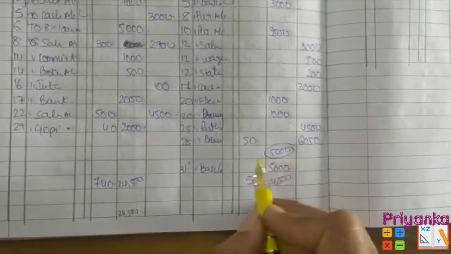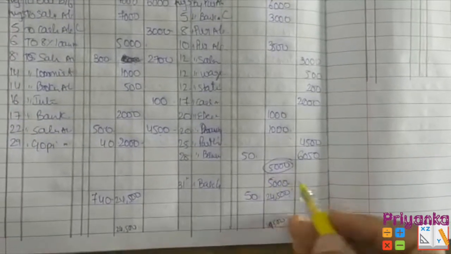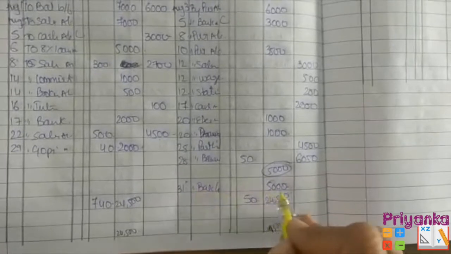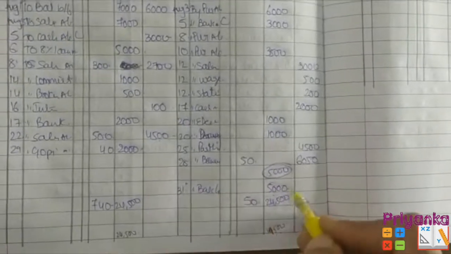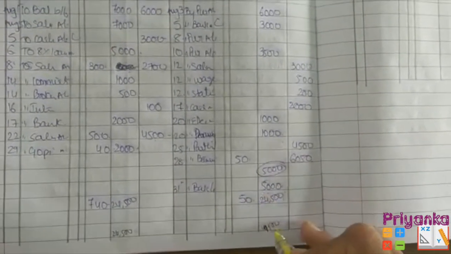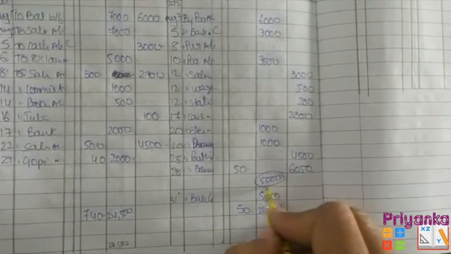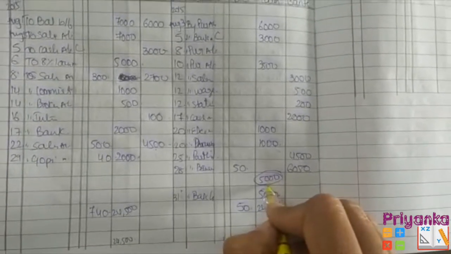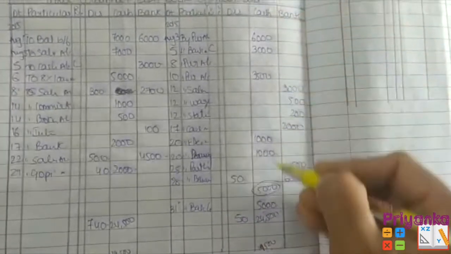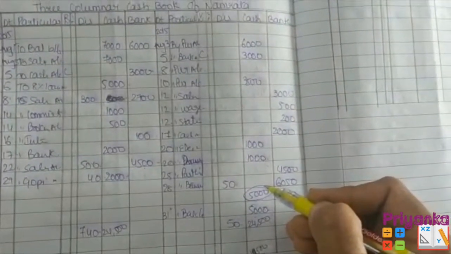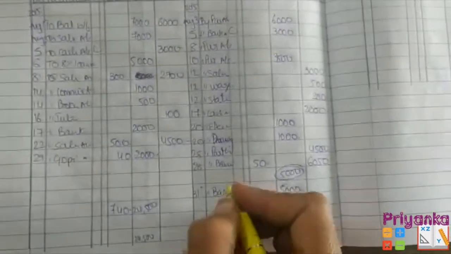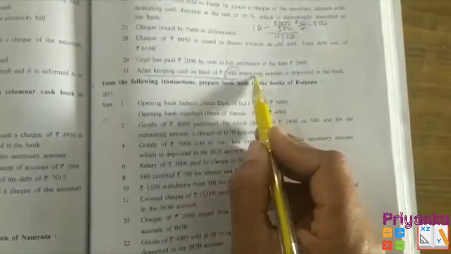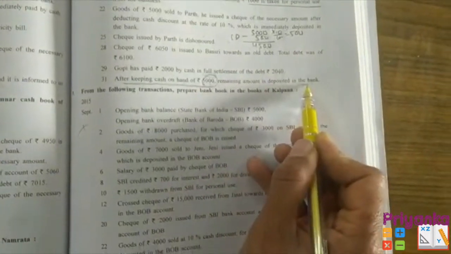Normally whatever balance we were getting, we were putting a circle around it, but in this question the closing balance is already given. So I am not putting a circle for this, but I am putting the circle on the balance amount which is going to be deposited into the bank. From the credit side of the cash book, I am going to remove this as it is written in the question that the remaining amount is deposited in the bank.